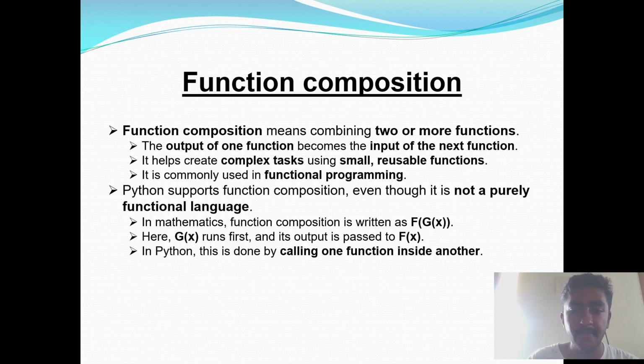Now f of g of 10: step 1 is g of 10, which outputs 20. Then step 2, pass 20 into f of x, so the output is 25. Notice something: the inner function always runs first. This is the same thing Python does.